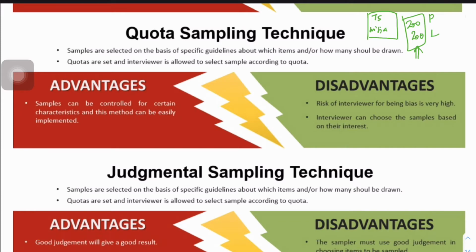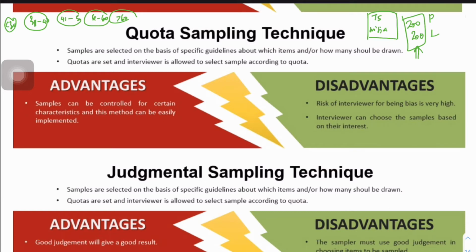Okay, daripada umur 31 ke 40, 41 ke 50, 51 ke 60, lebih daripada 60, kurang daripada 30 contoh. So ini kota-kota dia. So kita akan pilih sampel based on kota yang kita dah set. Okay, so this is quota sampling technique.